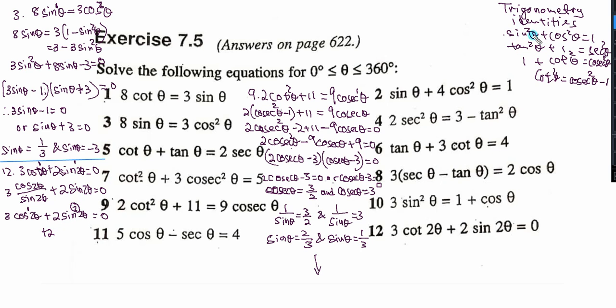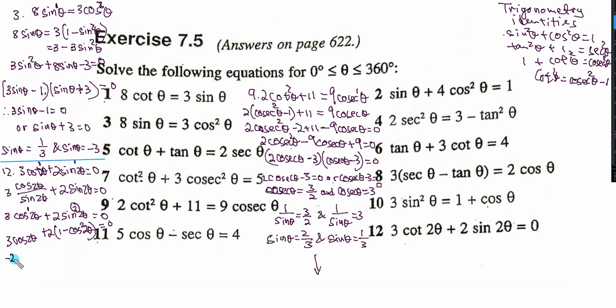You look at this trigonometric identity, so it's actually 1, you bring the cosine over, so it becomes 2 times 1 minus cosine squared 2 theta, plus 3 cosine 2 theta equal to 0. Okay, now let's simplify this.